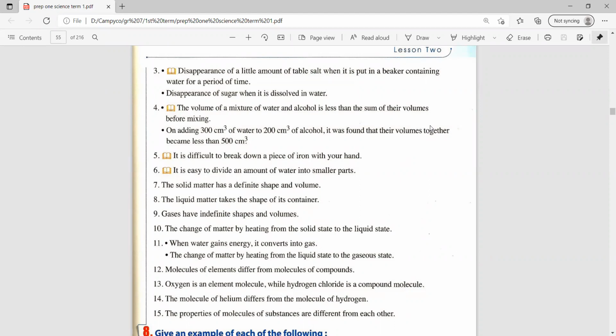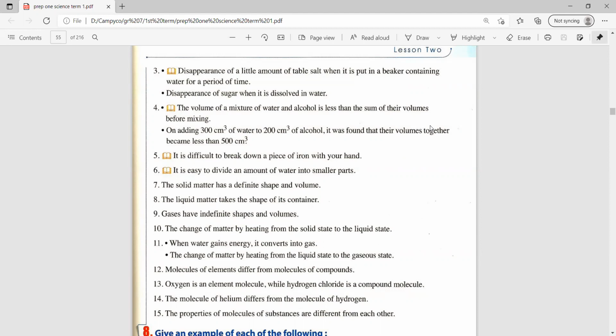Why? Disappearance of a little amount of table salt when it is put in a beaker containing water. Because of the molecules of water.